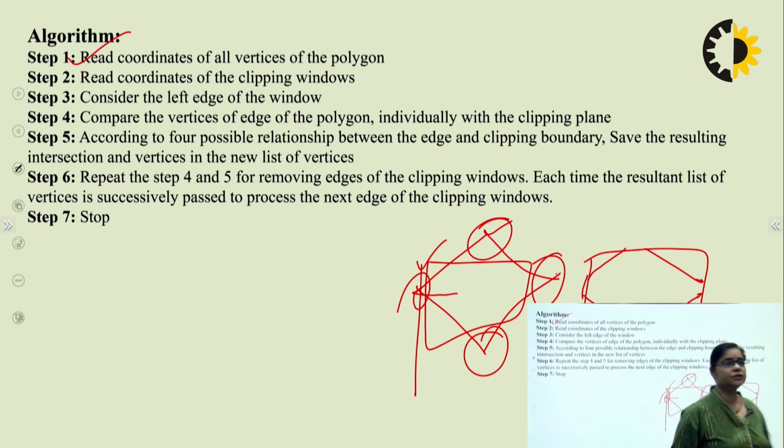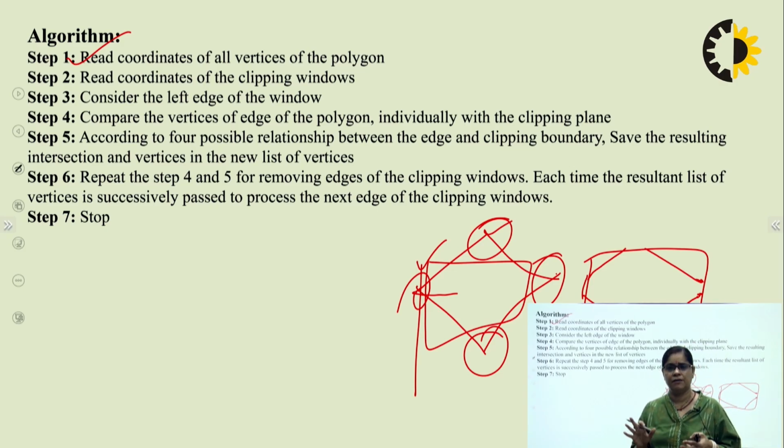Okay, so this is what we will do if the picture is very big or many vertices are there, for example in a pentagon or a hexagon. These 4 cases will be repeated each time until we get the clipped picture of that polygon.